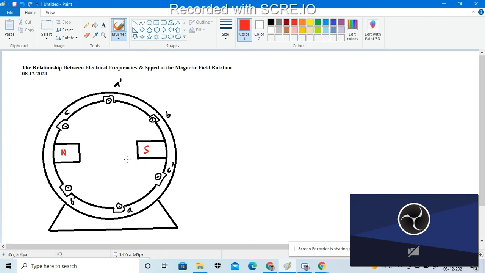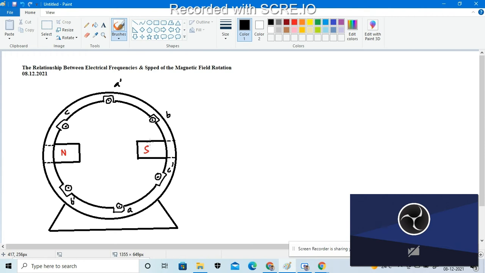Okay, so for the rotation of the rotating magnetic field we are considering an anti-clockwise direction, right? So the north pole we are considering over here, in this side, and the south pole we are considering in this side.